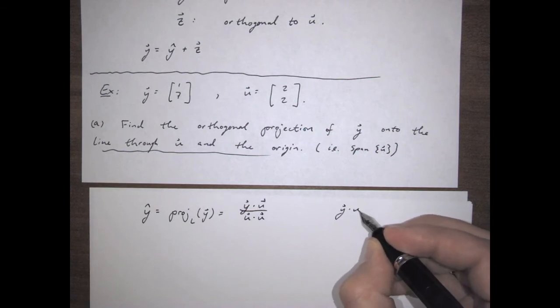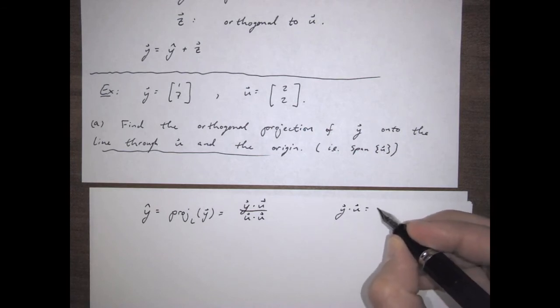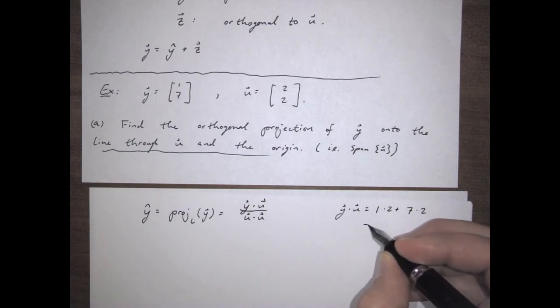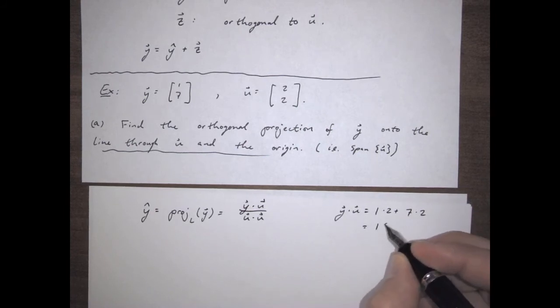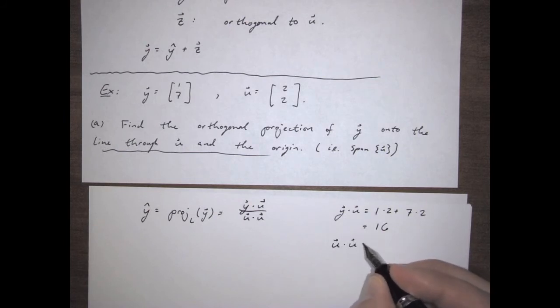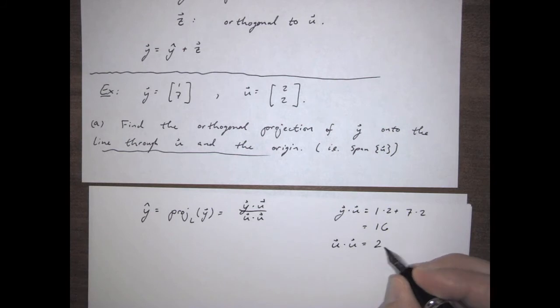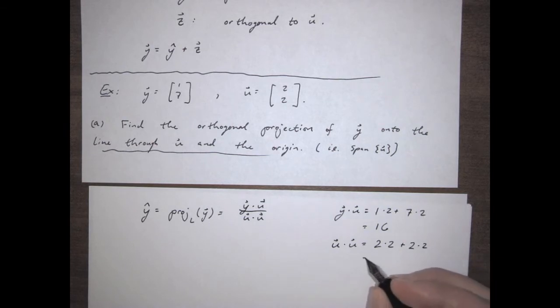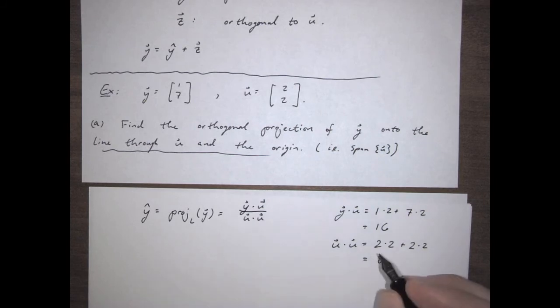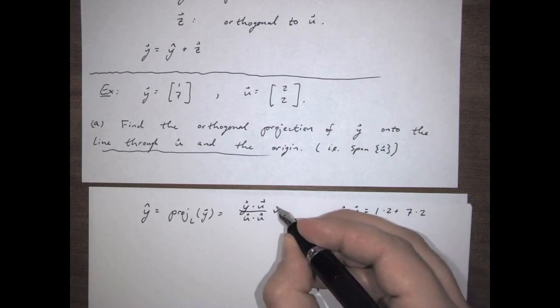So y dot u, that's going to be 1 times 2 plus 7 times 2, which looks like it's going to be 16. And then u dotted with itself is going to be 2 times 2 plus 2 times 2, which is just going to equal 8. And then this all times u.